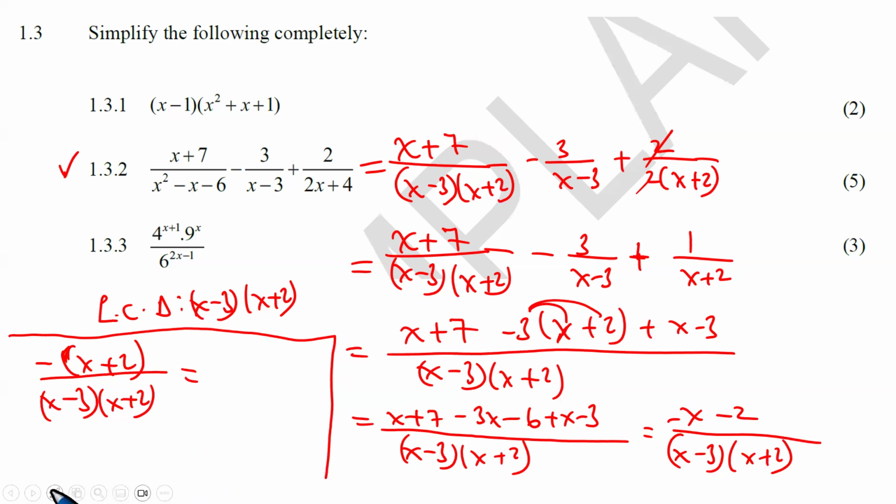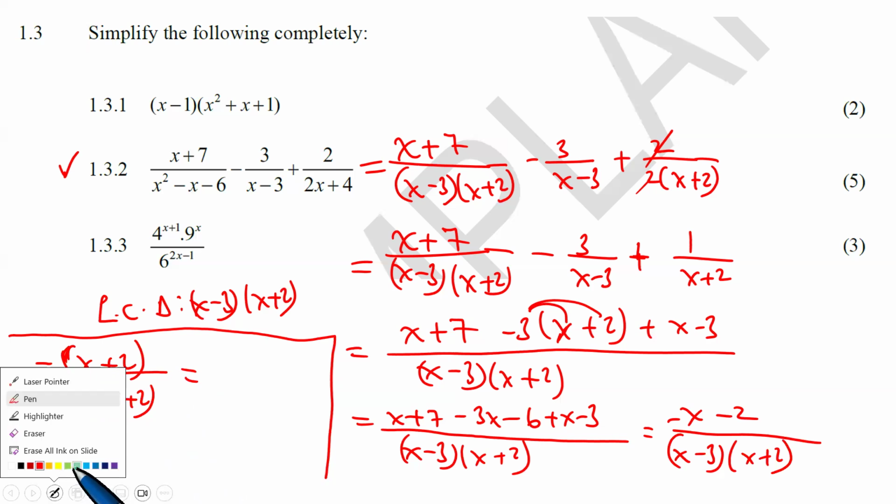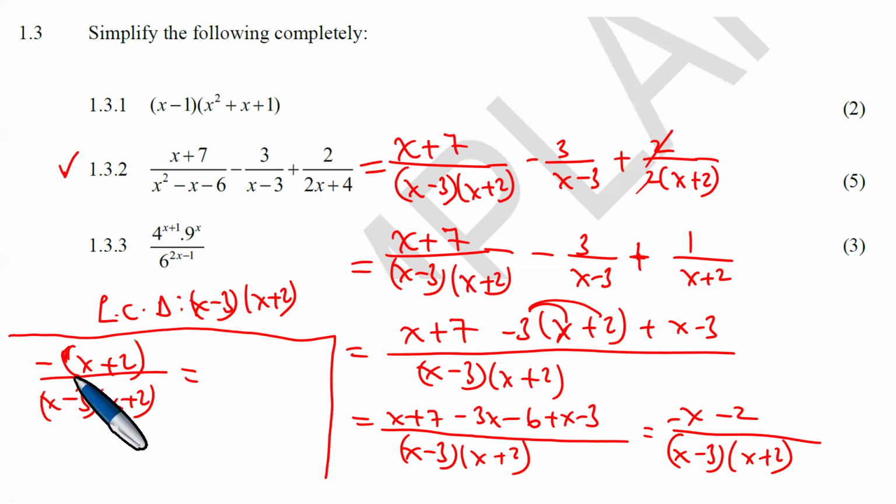I'm going to send you the video, then you can play it back and try these on your own. If you cancel x plus 2 with x plus 2, you're left with minus 1 over x minus 3. And this is the answer: minus 1 over x minus 3.